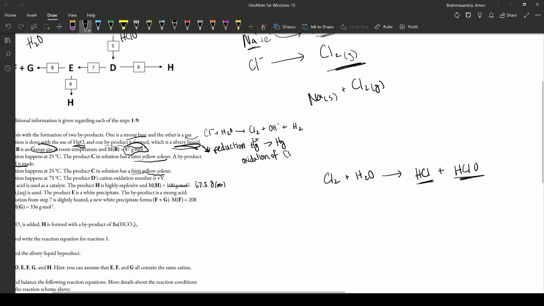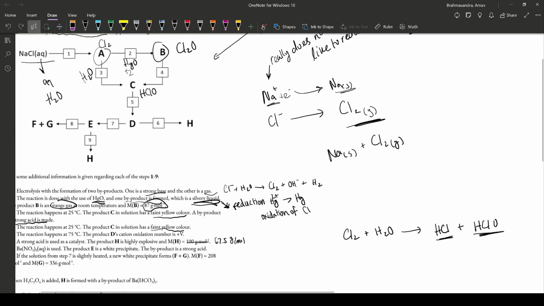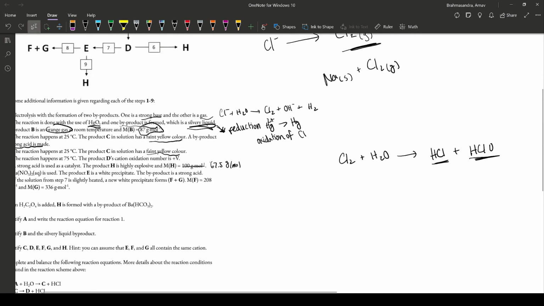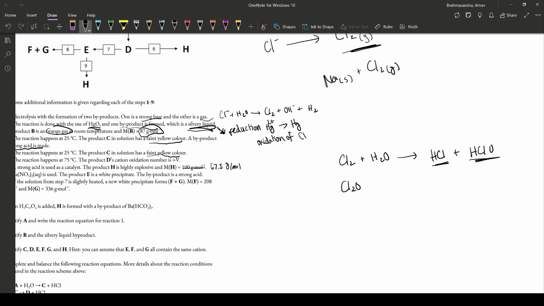Say with the second reaction, step 4, if we have Cl2O and we react that with water, you can see that this just forms 2HClO, right? So we have 2 oxygens on both sides, 2 hydrogens, and 2 chlorines.